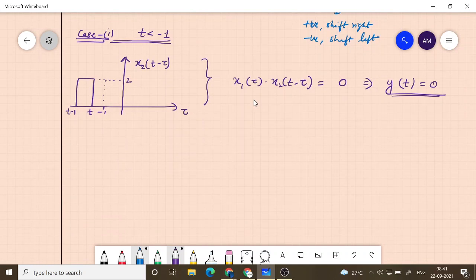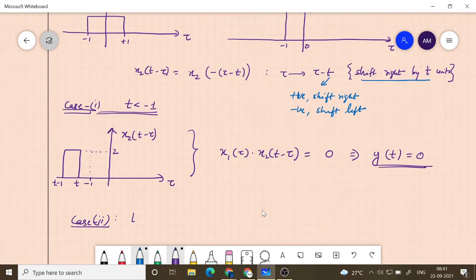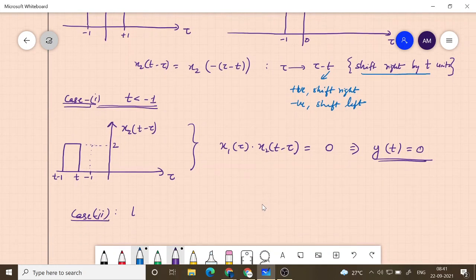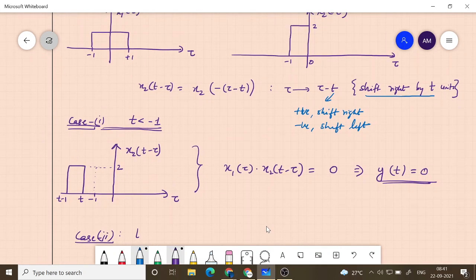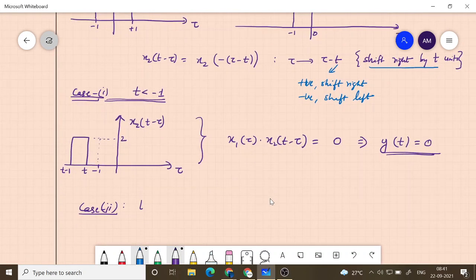Now let's go to case 2. Case 2 is: let's take t to be between 0 and minus 1.